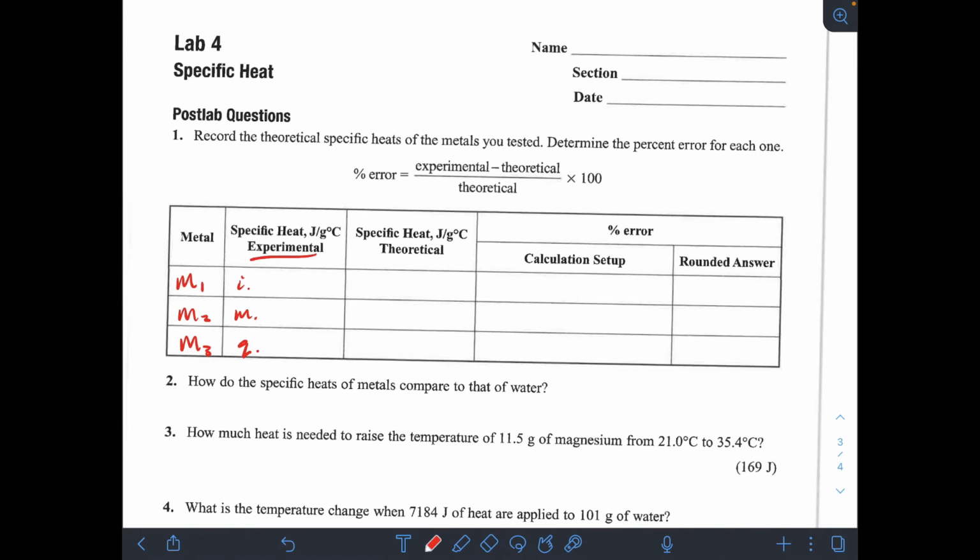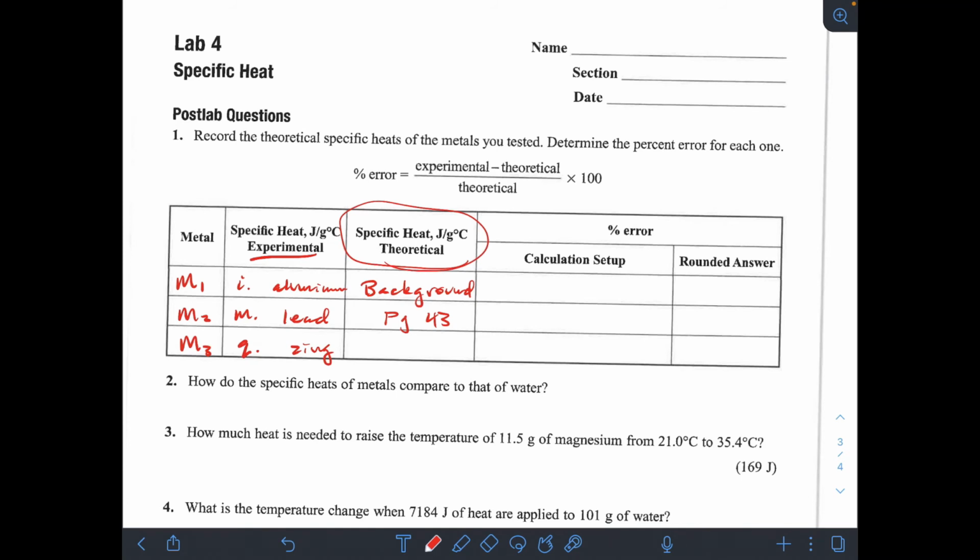Right, so your specific heat theoretical, this column comes from the background, page 43. Page 43 has a table of specific heats for various metals. So you're going to look up the aluminum, the lead, and the zinc, and put those in this column.